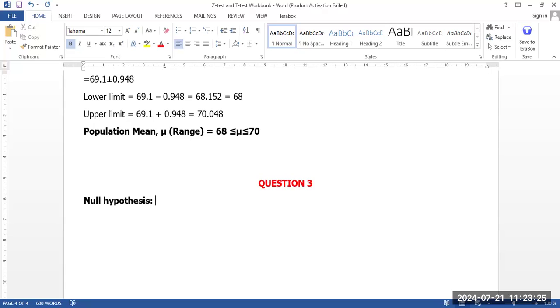Remember, this is always the belief stated, the one you want to test. Here, we are going to say what? Just copy and paste.